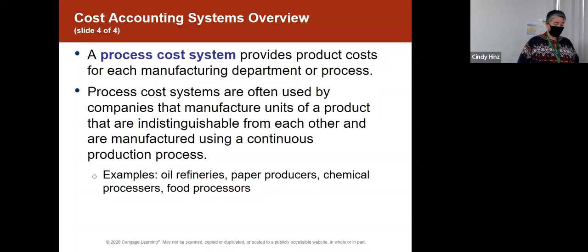Some of you may already be aware that in a previous life, my job was as the cost accountant for the refinery in Bradford, Pennsylvania, just over the border from us here in Olean. So you'll hear me use that specific example because that is in my experience, and you'll hear me mention how we did things as far as costing our products at the refinery.